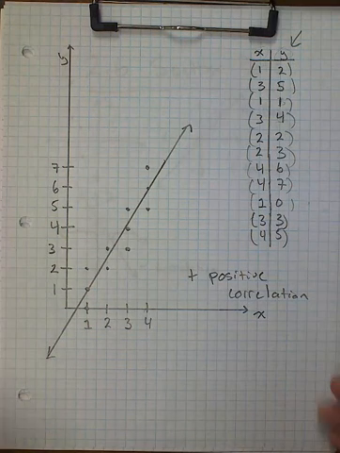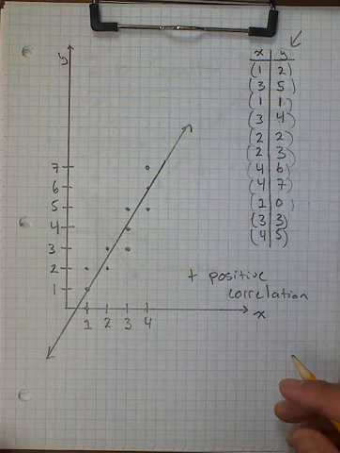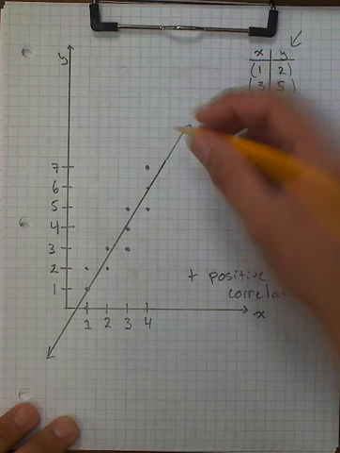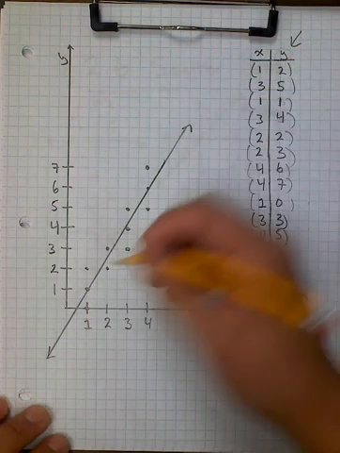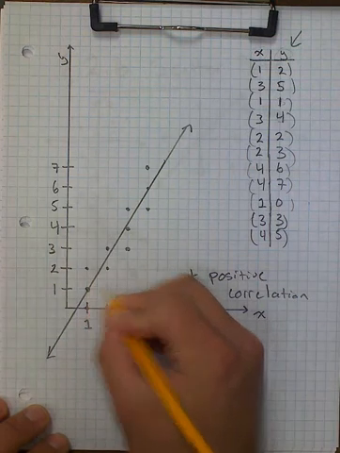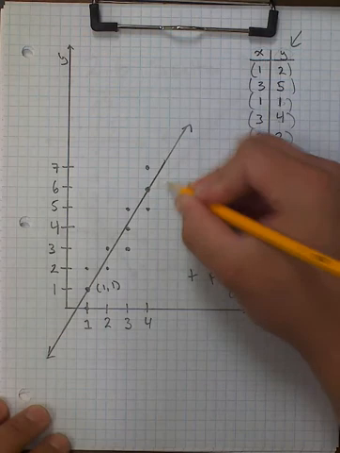Now, there's something else you can do. You can actually write the equation of this best fit line, and I'm going to show you how to do that down here. I drew a best fit line. This line lies pretty close to all the data points. It looks like it has a positive slope, and I can actually calculate the slope. Notice how this line goes through 1, 1, and it goes through 4, 6.